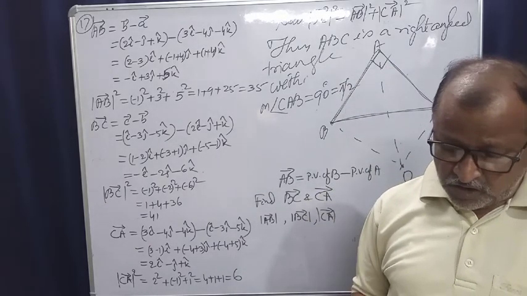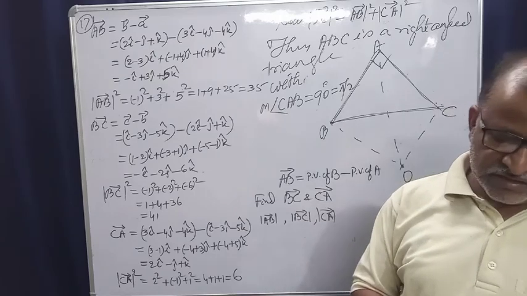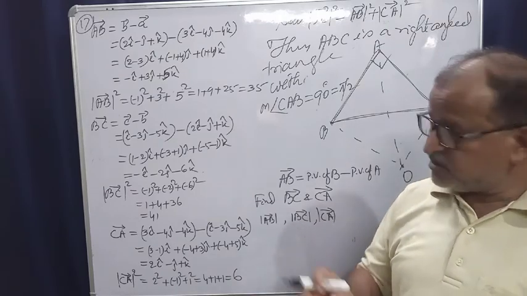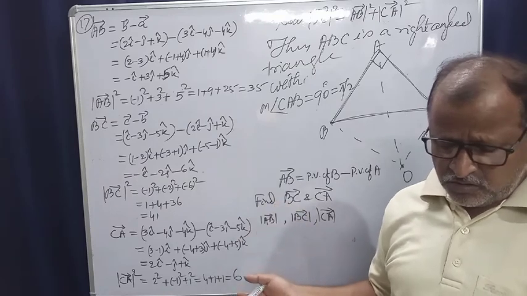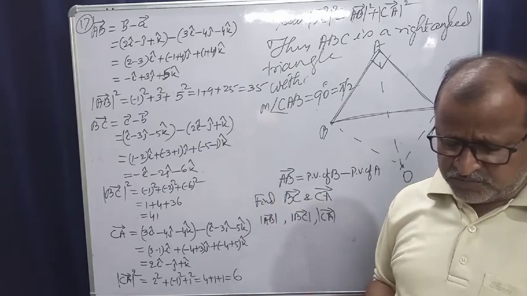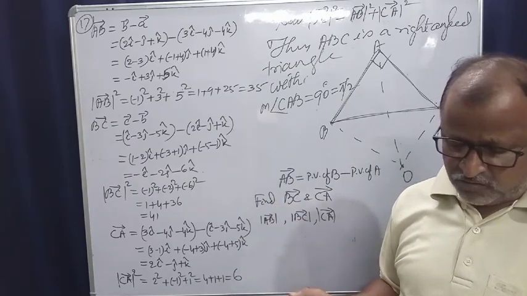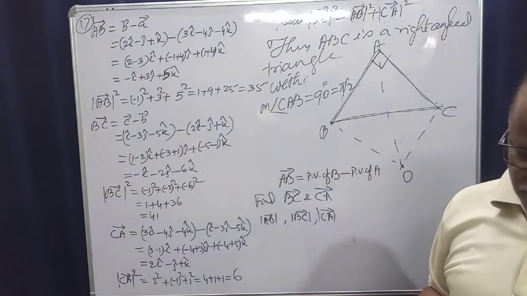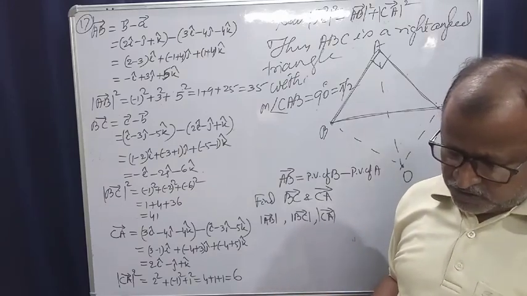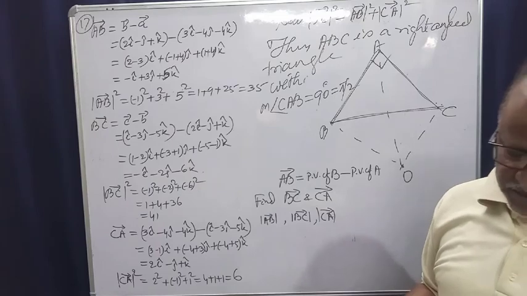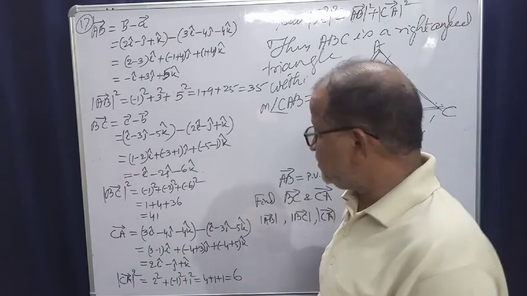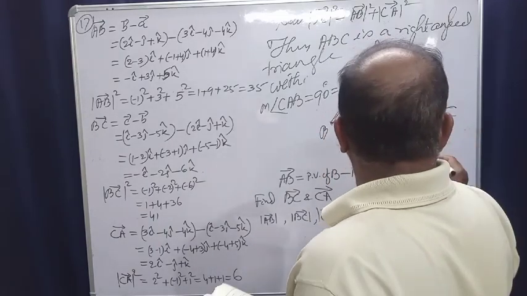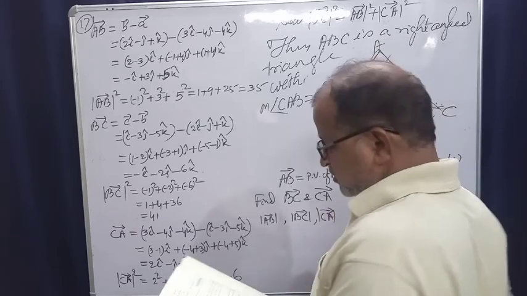Which of the following is not true, right? AB vector plus BC vector minus AC vector will be 0. AB vector plus BC vector minus CA, no, it is false. The other one is also correct. Only C is incorrect.